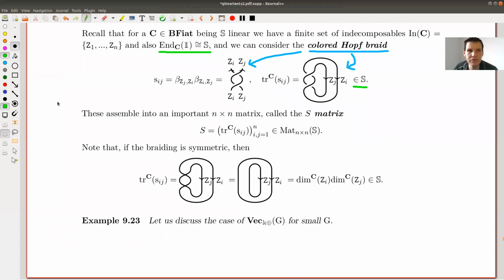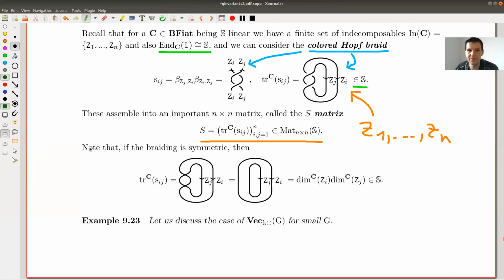And what you can then do is write down this matrix. I have n indecomposables, 1 up to n, so I can write down a matrix given by the values of those as entries. They're all scalars in my ground field, so I can write down this matrix.